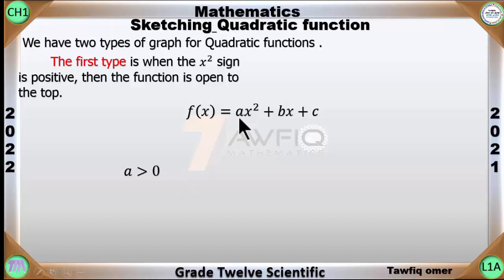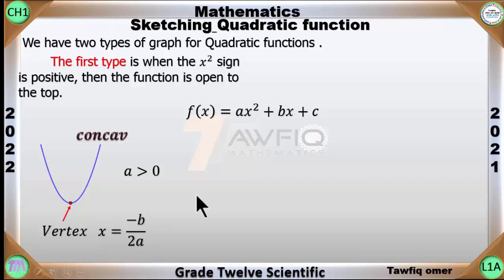If a, that means the number before x squared, is bigger than 0, then the function opens to the top like this, and this point is called the vertex. To find the x of the vertex, we use this rule, minus b over 2a, and this function is concave.